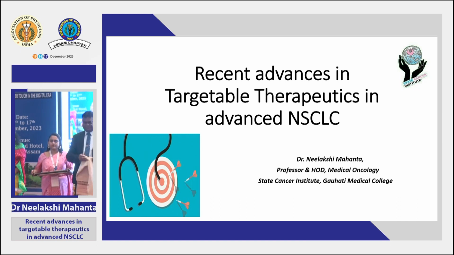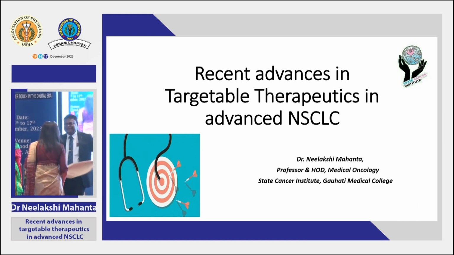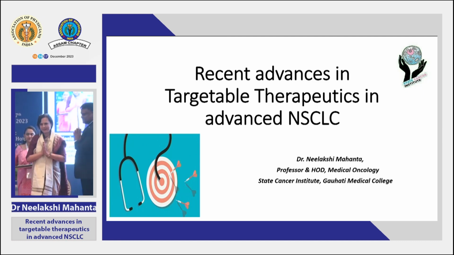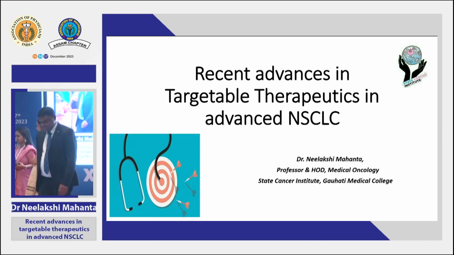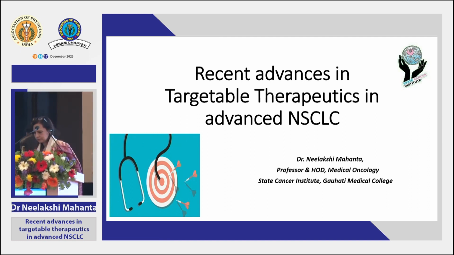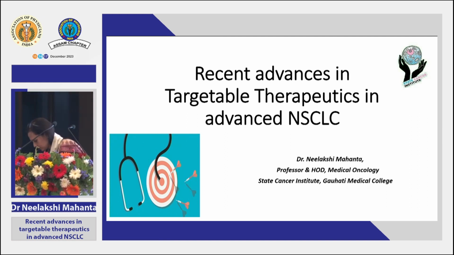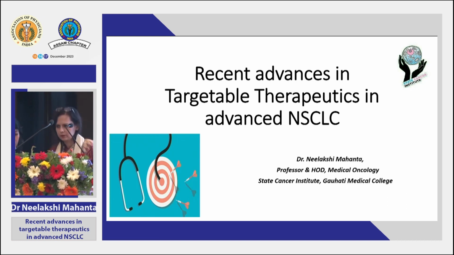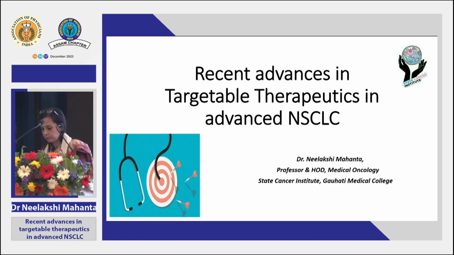Previously, when we were taught about lung cancer, from the first detection of oat cell carcinoma, the patient would survive for only 6 weeks. Now the oat cell carcinoma, or small cell carcinoma, the course is not very favorable.